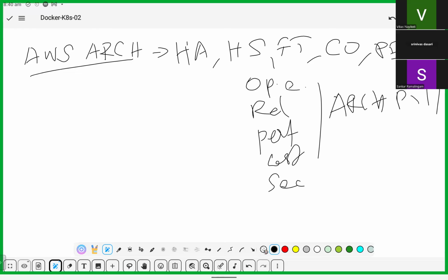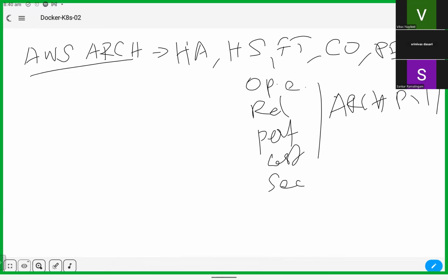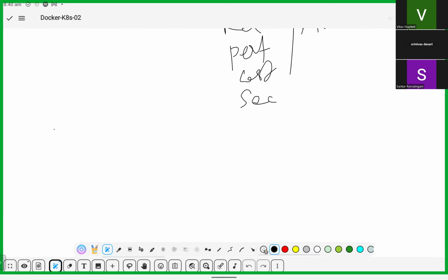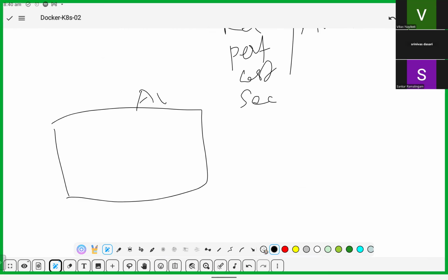Okay. So what does an autoscaling group do? Say I'll put AWS on the outside and autoscaling group inside. This actually provides all the architecture that we talked about.